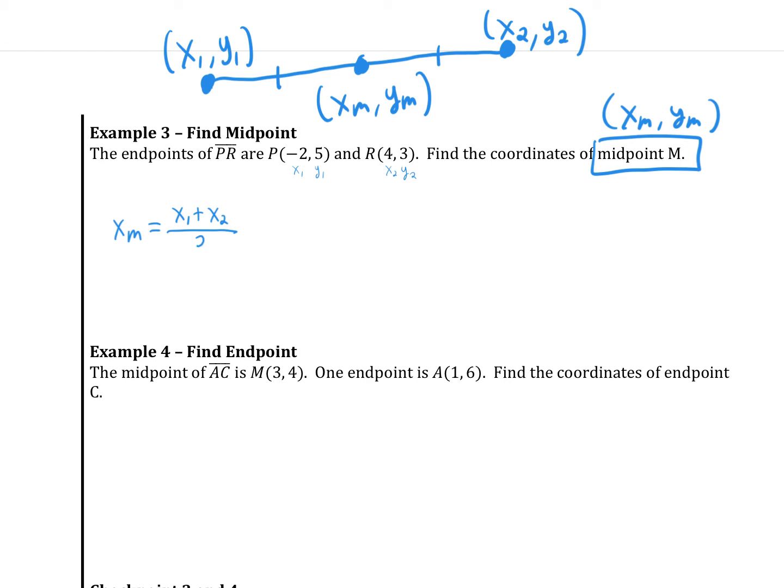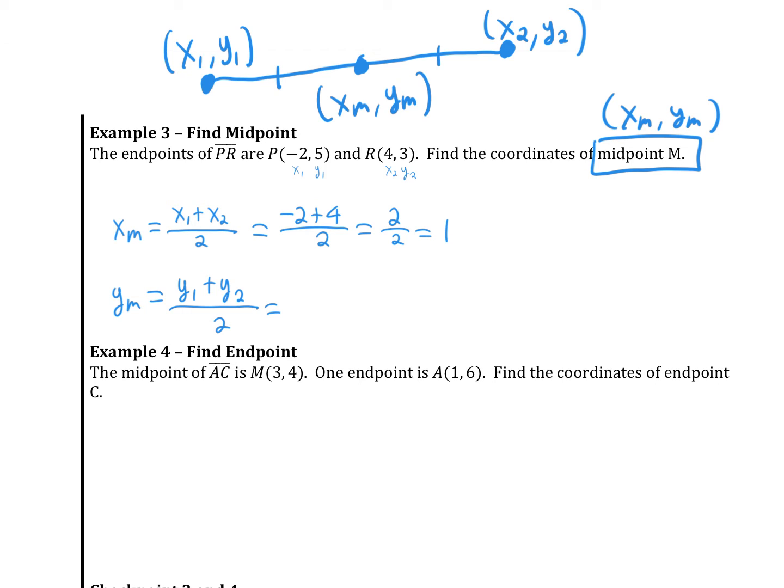Okay, x sub m equals x sub 1 plus x sub 2 over 2, and y sub m equals y sub 1 plus y sub 2 all over 2. So x sub 1 was -2 plus 4 over 2, which equals 2 over 2, which equals 1.